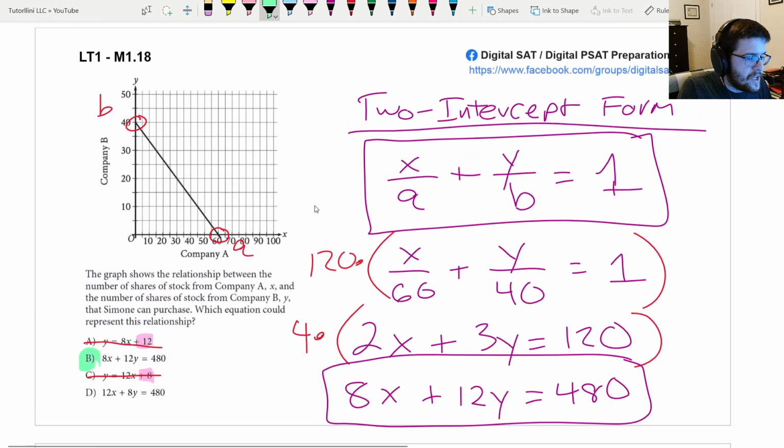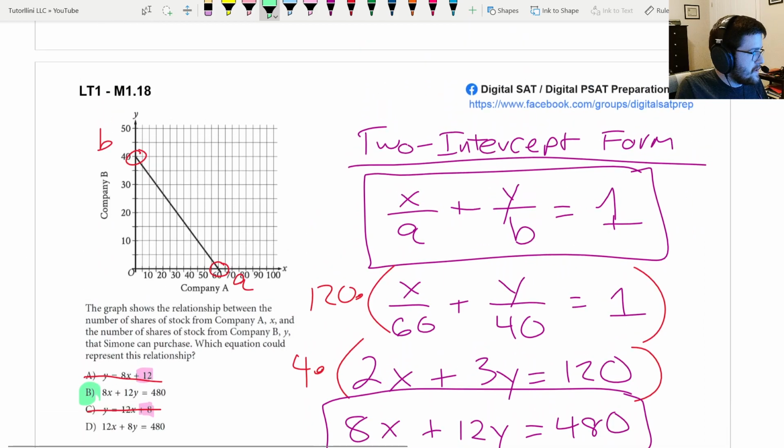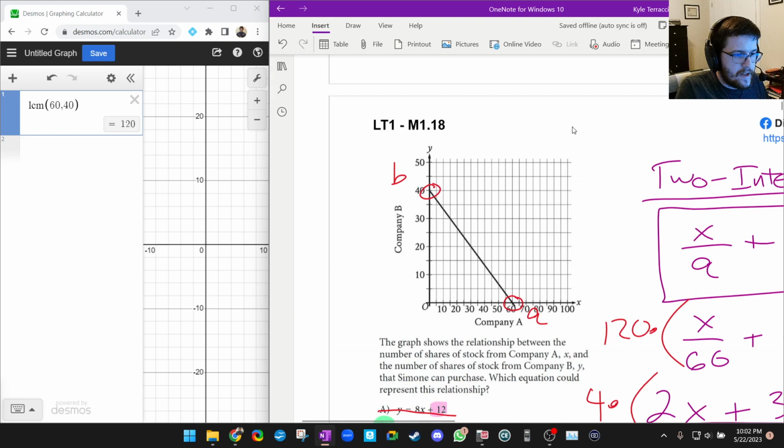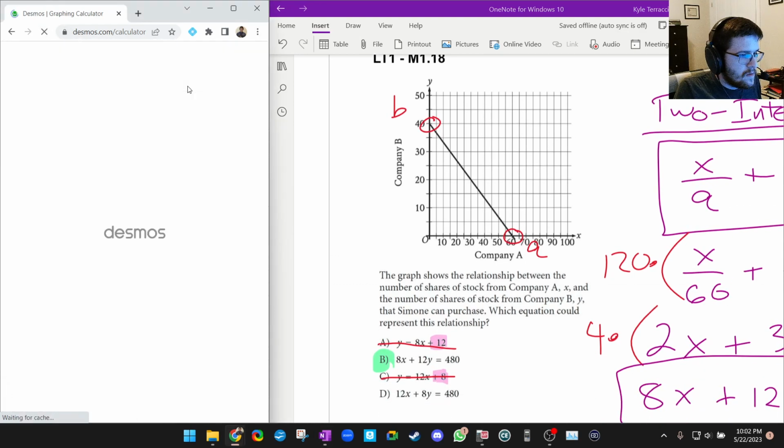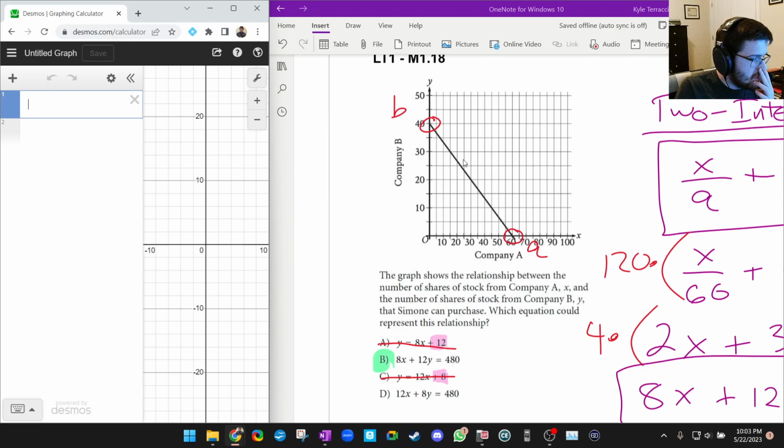Okay, myriad of ways you could have done this without doing it organically. So let's check that that's right. B is right. Good.